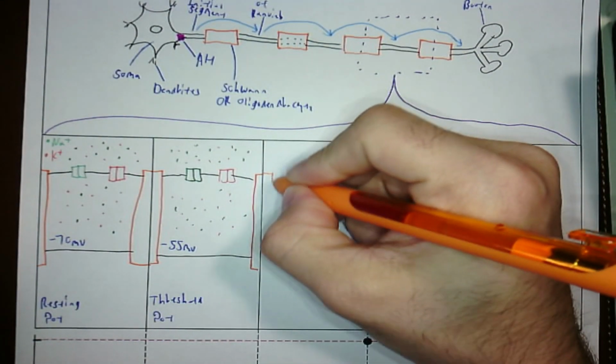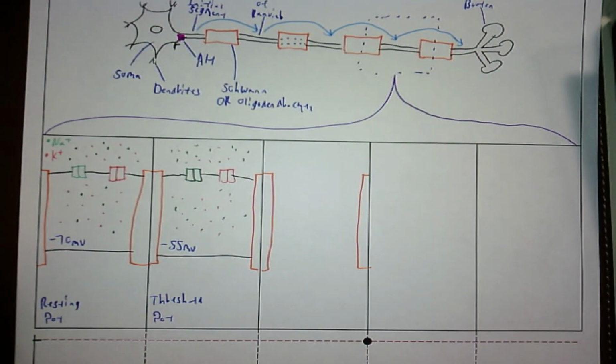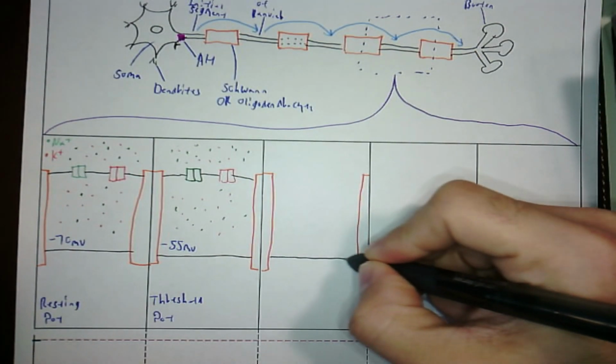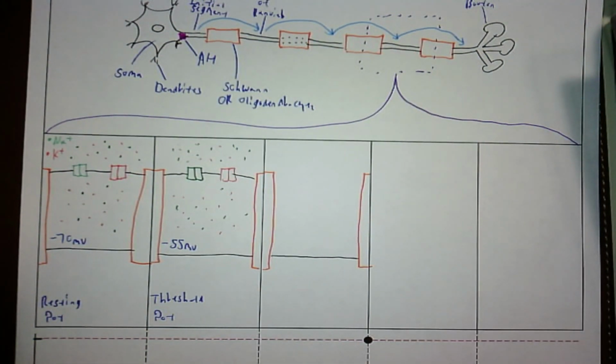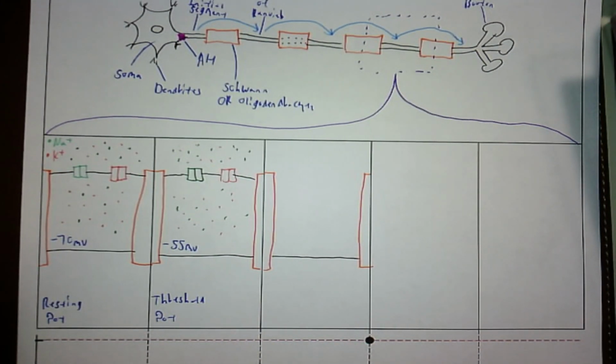Again, let's draw our myelin bread. And again, I call it myelin bread because I think it reminds me of a sandwich. Let's draw our quote-unquote bottom membrane there. Okay, so we hit threshold, which means that we hit or exceeded threshold potential. And so that means that we're going to have something else happen.